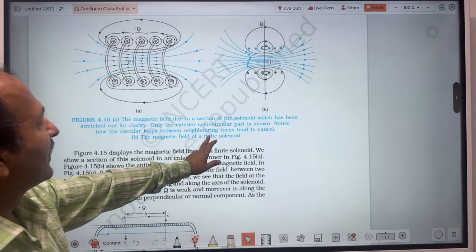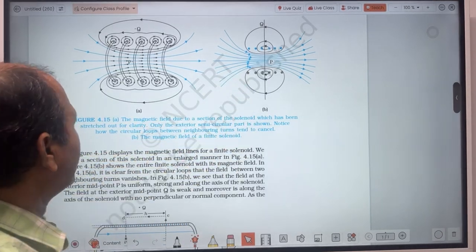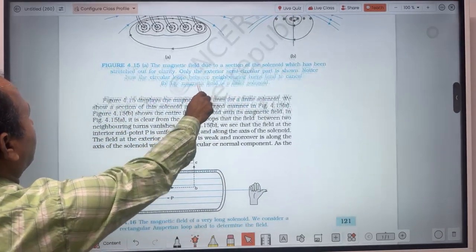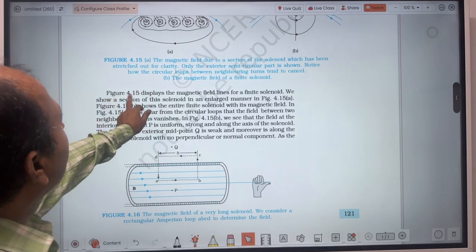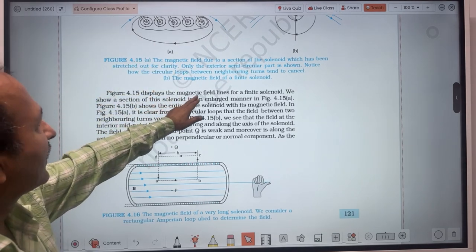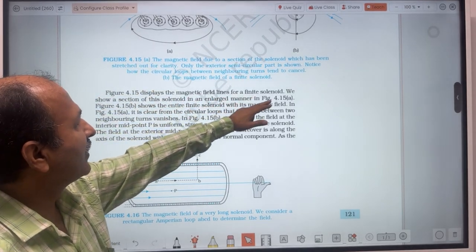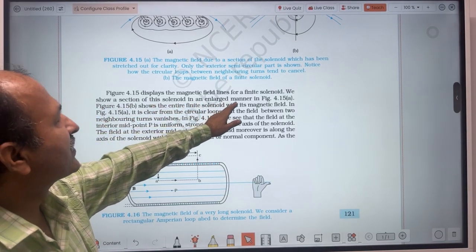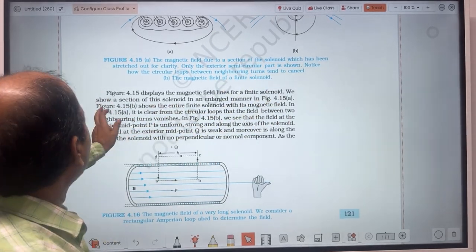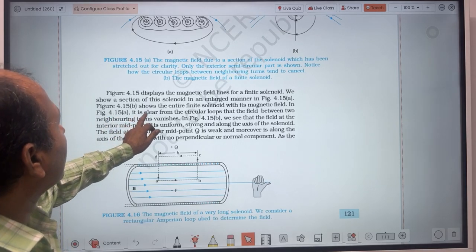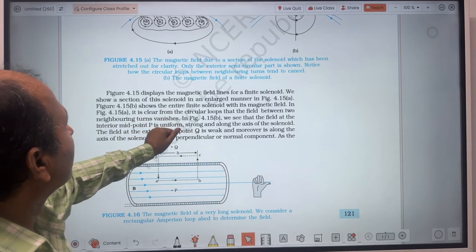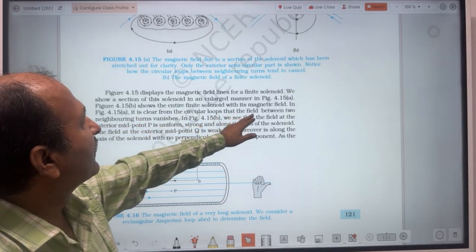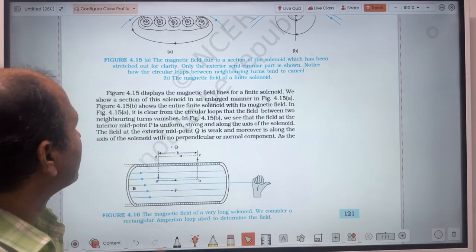The magnetic field of a finite solenoid is shown here. Now, if you read it, this figure displays the magnetic field lines for a finite solenoid. We show a section of this solenoid in an enlarged manner, right? Then it is clear from the figure of the circular loops that the field between two neighboring turns vanishes.